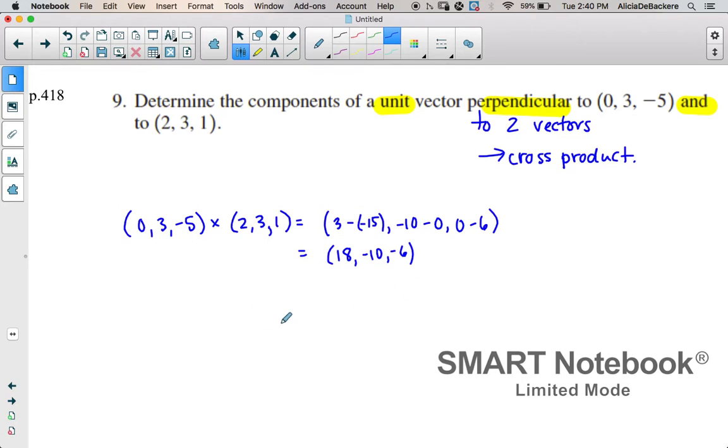In order to make it a unit vector, I need to find the magnitude of this thing. So I'm going to find the magnitude, and to do that, I'm square rooting the sum of the squares of each of the components.